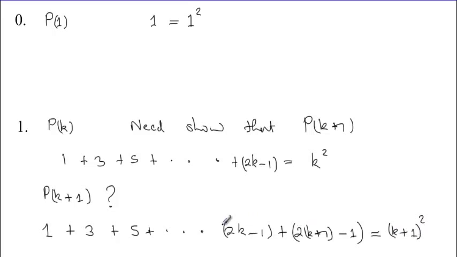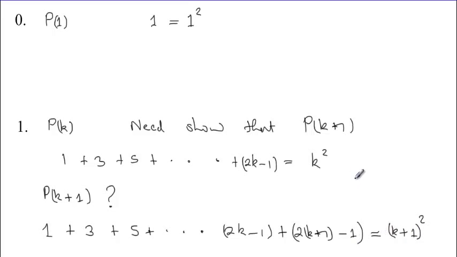Let's note what's happening here. You see, in this part, we went up to 2k minus 1. So the next number after this one would be 2 times k plus 1, and then since we know that it's an odd number, we write it as 2k plus 1 minus 1, and then this should be equal to k plus 1 squared.